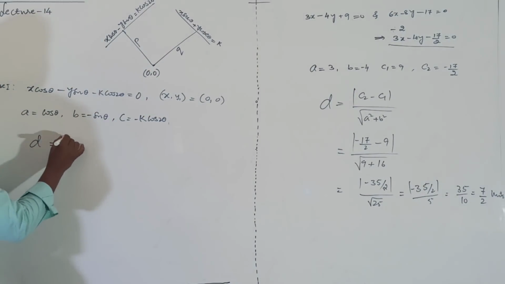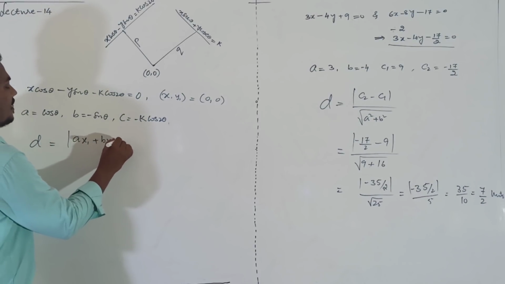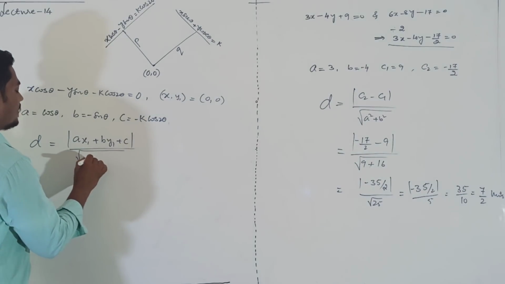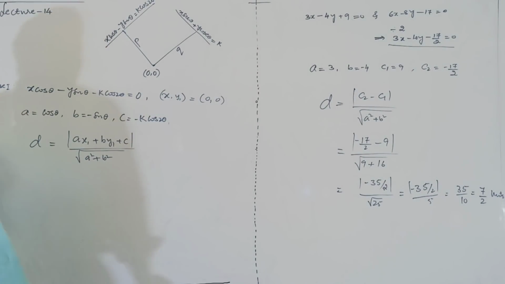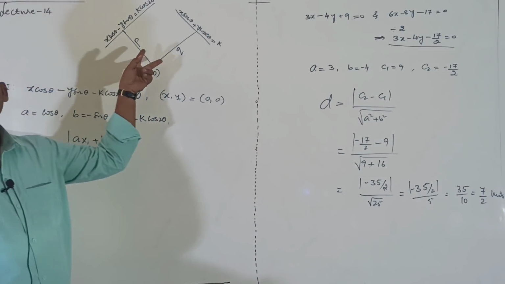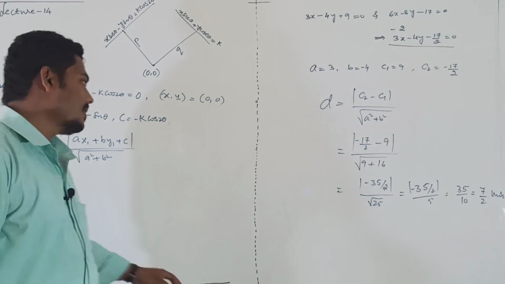And d equal to the formula: modulus of ax1 plus by1 plus c divided by square root of a square plus b square, right? Now in this case d is equal to p only, since they have given the distance between point and line as p.